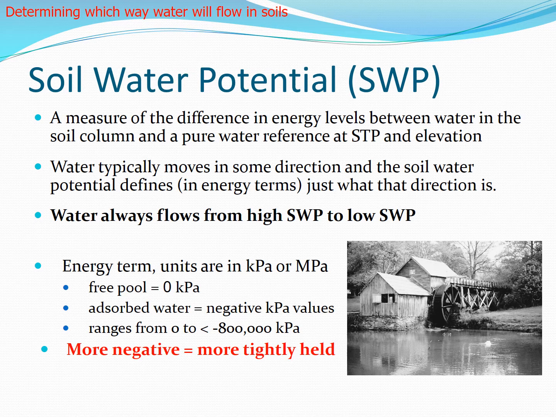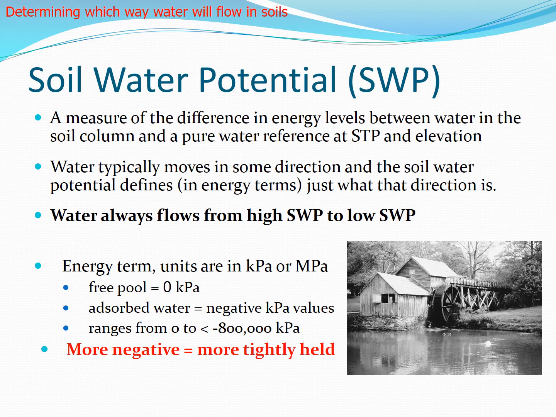But anytime it gets drier than saturated, the values that we use to describe that energy become negative. So when we talk about moving from high soil water potential to low soil water potential, we're literally talking about moving from 0 to a negative number. We're moving from wet to dry, from 0 to a negative number.